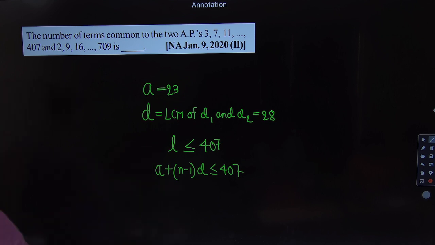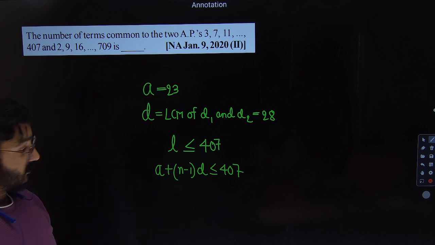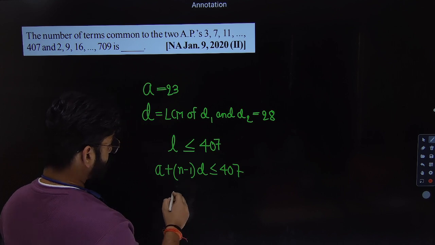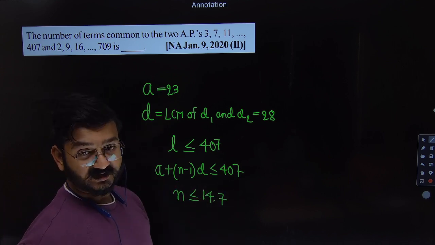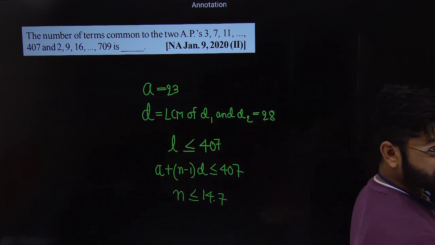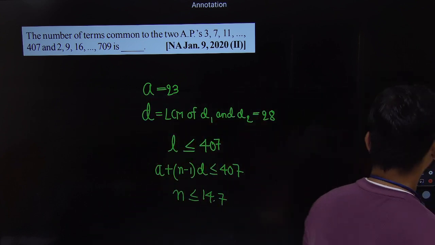That's why inequality is there, no? Not equality. N will come less than or equal to 14.7. What is the integral value close to 14.7 and less than it? 14. What is the answer?